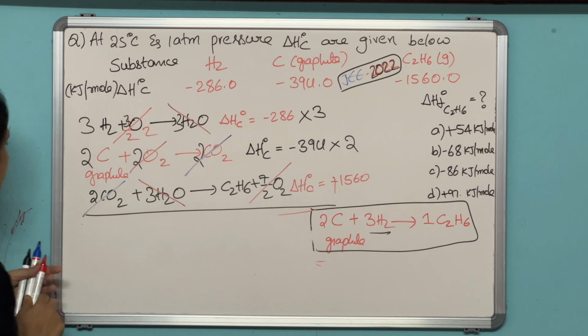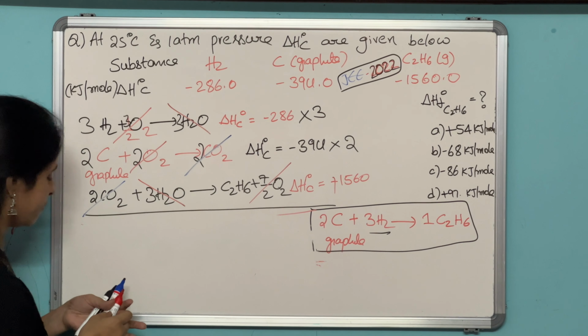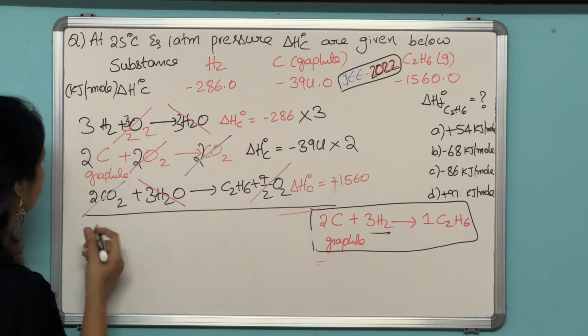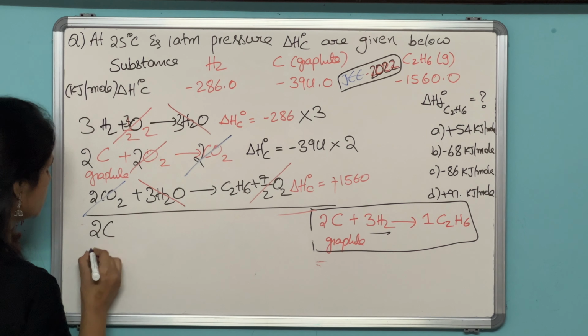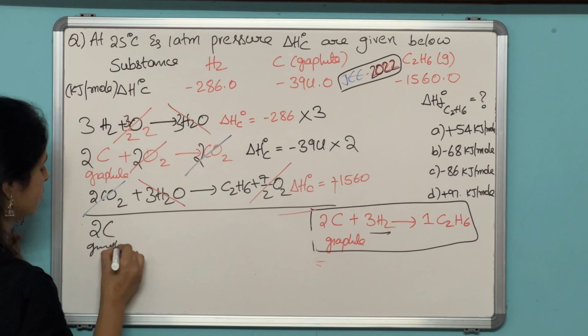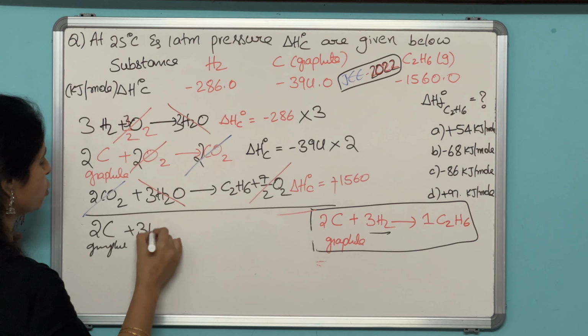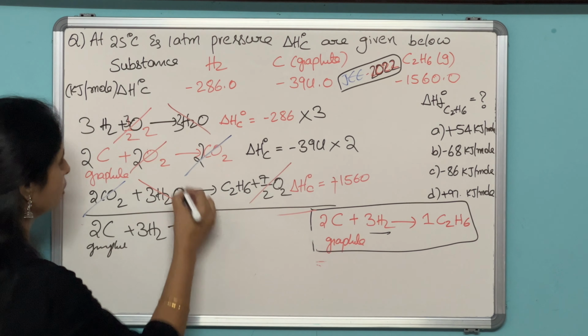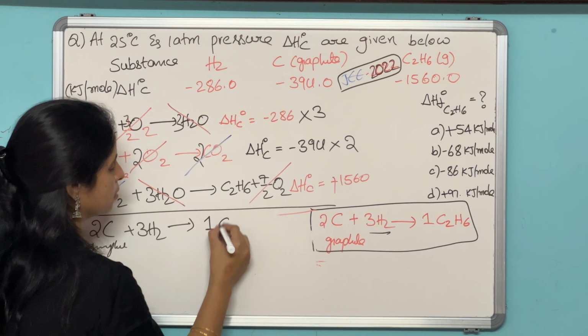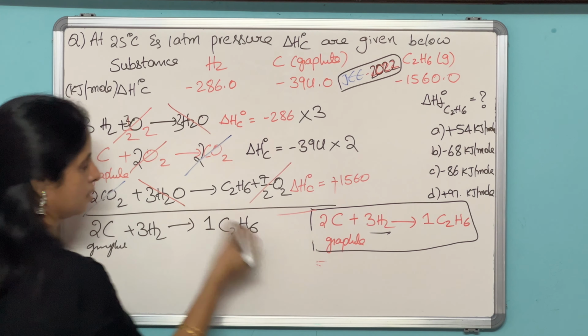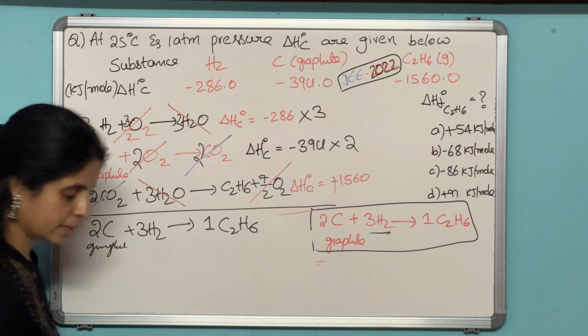Now what are you left with? You are left with our required equation, which is 2C graphite plus 3H2 gives rise to 1 mole of ethane. So we got our required equation.